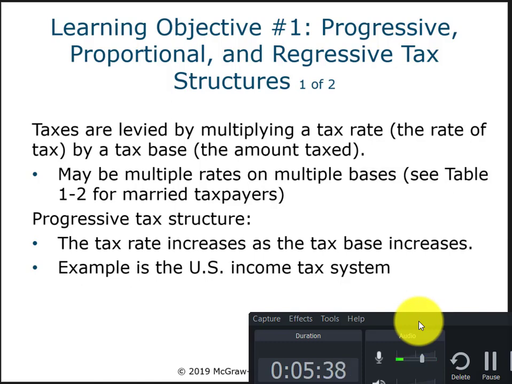Now, what we could have is multiple rates on multiple tax bases, meaning you could have different tax rates for different levels of income. That refers to a progressive tax structure where the tax rate increases as the tax base increases. That's how our system works.